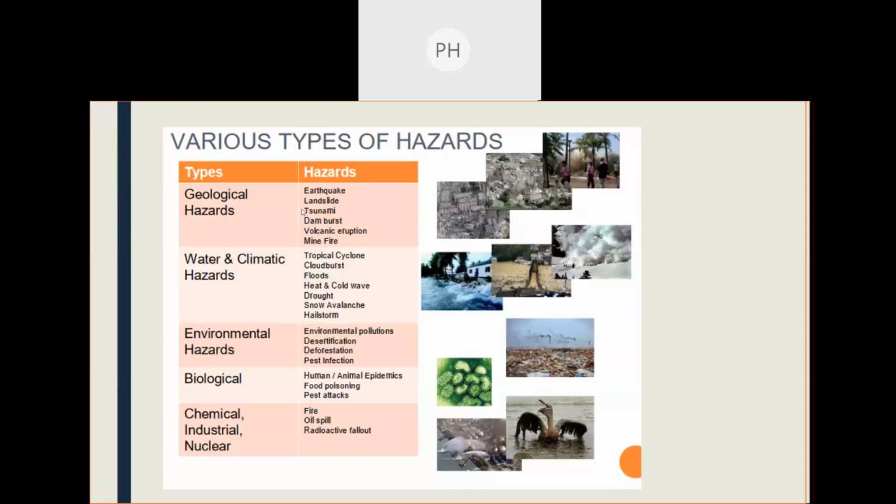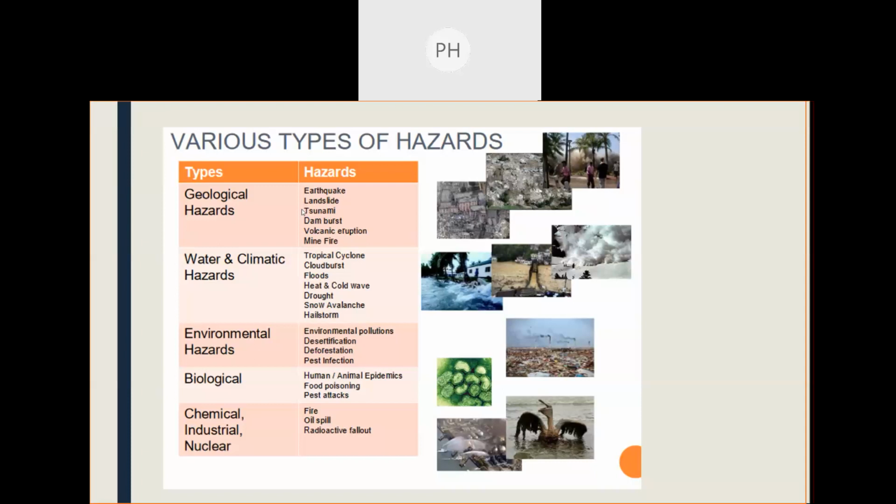The amount of energy released was equivalent to an earthquake of 4.4 magnitude on the Richter scale. So all these hazards can be measured in terms of their magnitude.